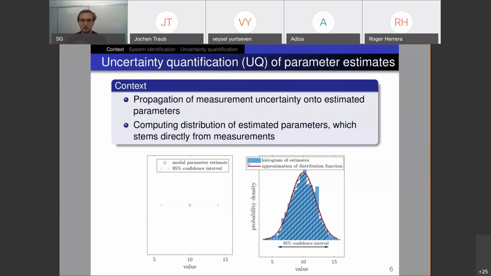Those errors we can quantify directly from data by propagating the uncertainty of the measurement onto our parameter estimates. That allows us to derive the statistical distribution of our estimated parameters and, for example, derive the confidence intervals of our parameters, which I illustrate here on our toy example.